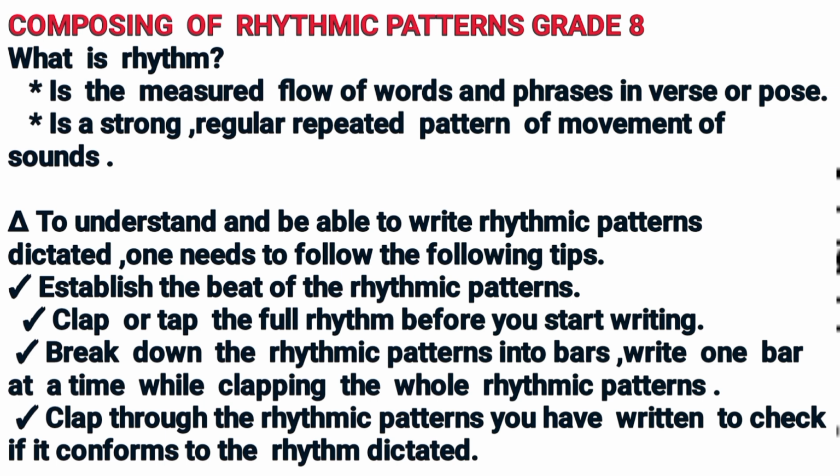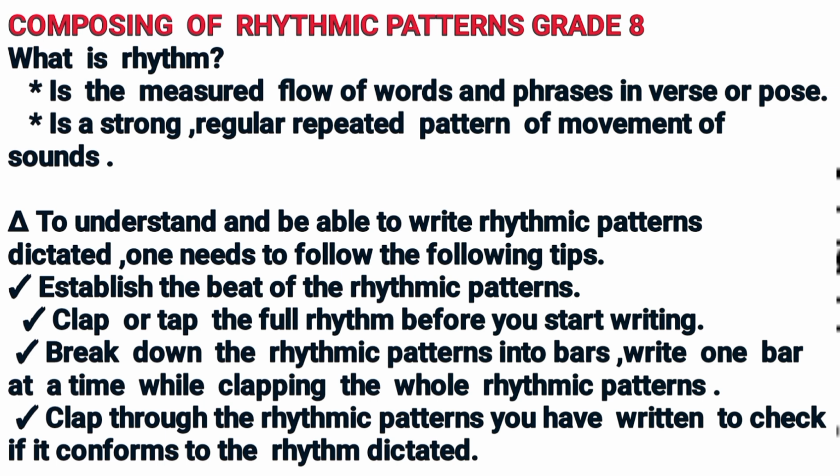Now, for a learner to understand and be able to write rhythmic patterns dictated, the learner needs to follow the following tips. The first tip is that the learner is supposed to establish the beat of the rhythmic pattern.